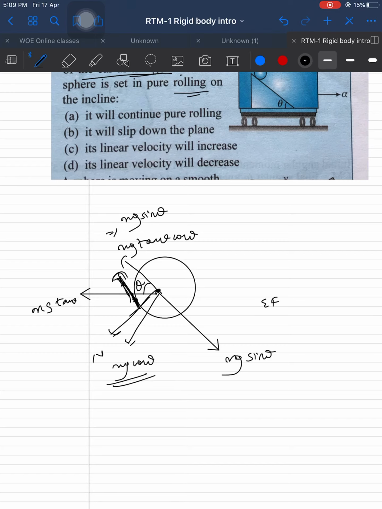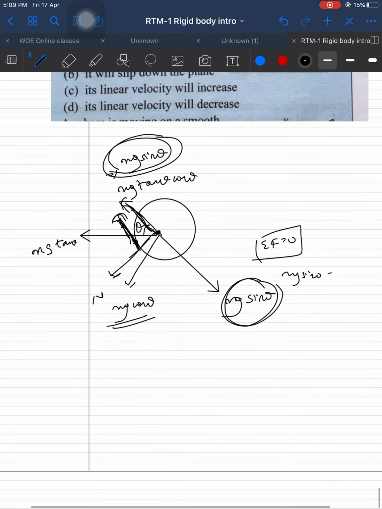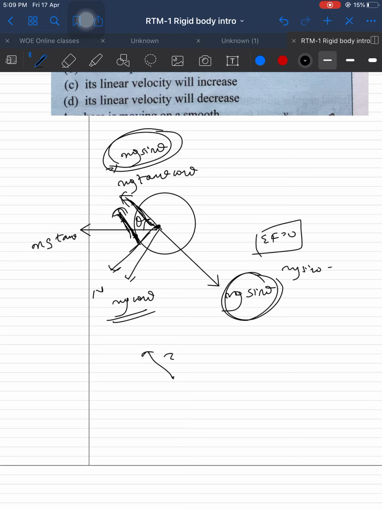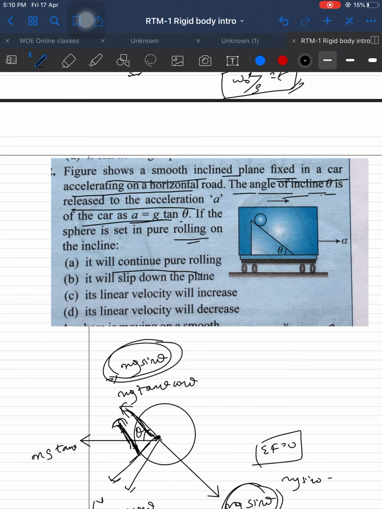What about the net force in the downward direction? This mg sin theta is not at all contributing to rotation. This force acts on the body at the center of mass. What is the torque due to the pseudo force about the center of mass? It is 0, so it cannot either increase or decrease the rotation.